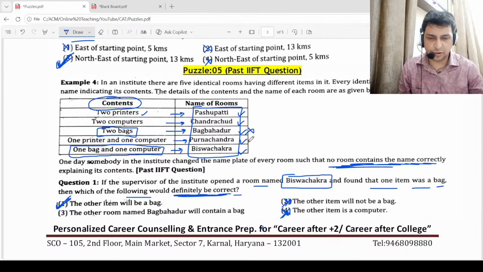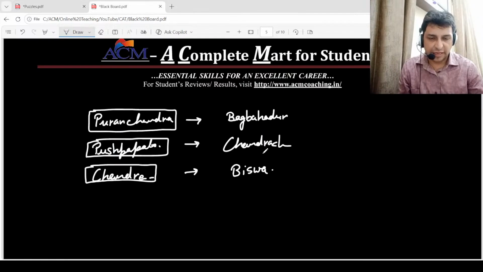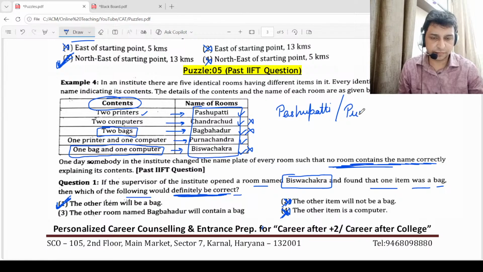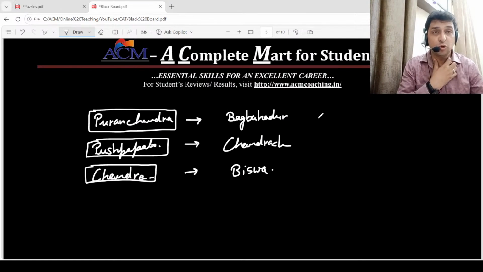Chandrachud will also not be opened. And Vishwachakra, that also will not be opened. That means the room which is going to be opened is either Pashupati or Purna Chandra. So out of these two rooms, one will be opened.